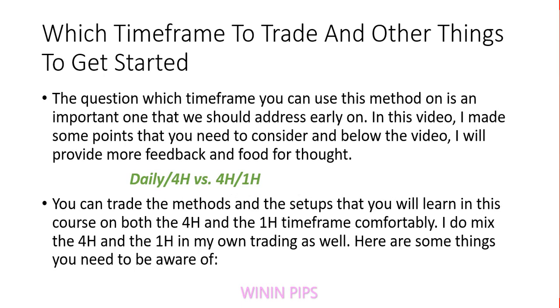And you can mix the two, okay? Because mostly when I make analysis on the 4 hour chart, I execute it on the 4 hour chart, but at times I also switch to the 1 hour chart for early confirmation. Then I enter the trade. So you can also consider the 30 minutes and the 15 minutes as well.